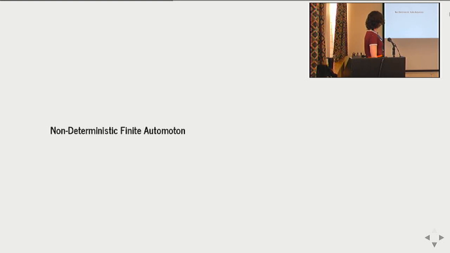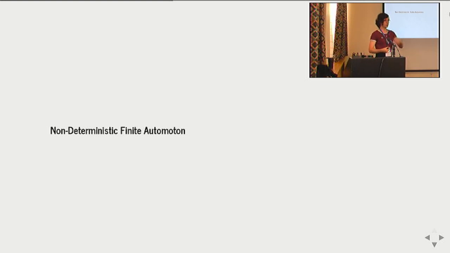So, moving on to more interesting automata. What we just looked at is a deterministic finite automaton. Deterministic means that for every state, there is one transition for every symbol in the alphabet.